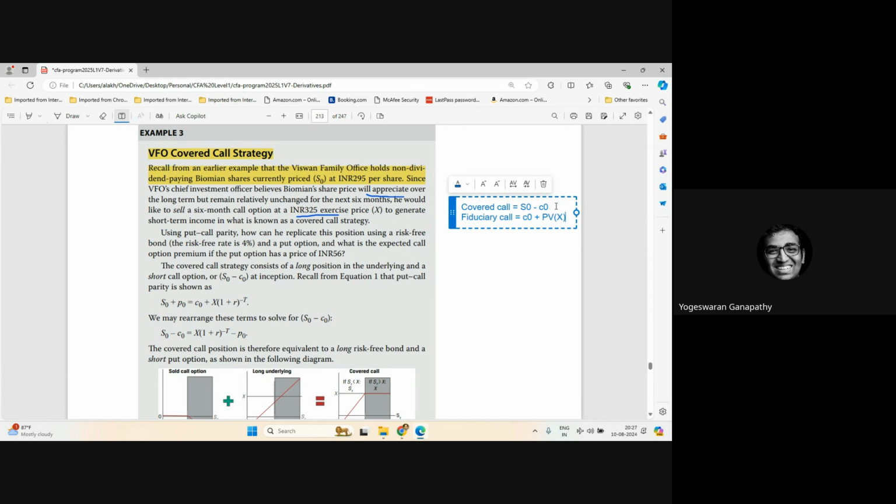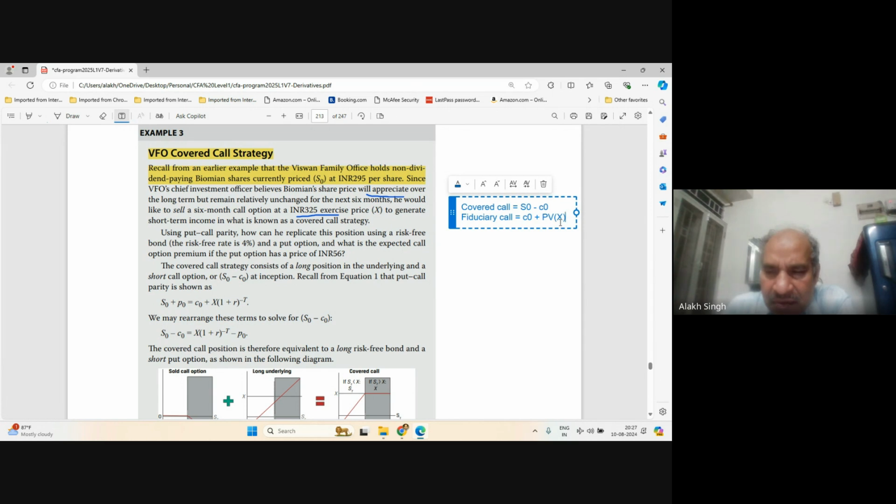Yes, sir. But for a fiduciary call, it is covered only up to the exercise price, because this will go only up to the present value of X. At maturity, since it is a bond, you will receive only X. But in this case, you haven't sold the call, you have bought the call.